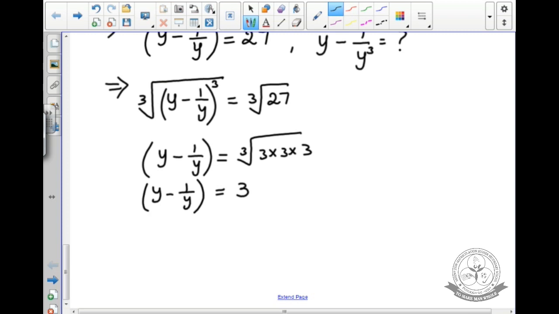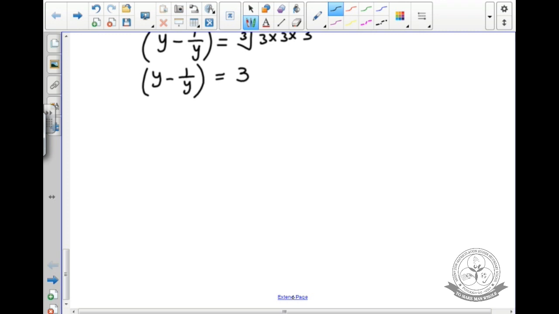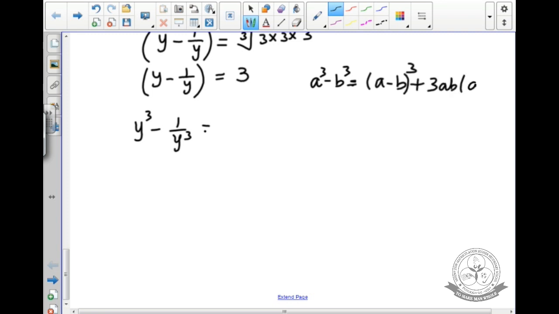From this we are going to find y cube minus 1 by y cube. Already we know the formula a cube minus b cube is equal to a minus b whole cube plus 3ab into a minus b.